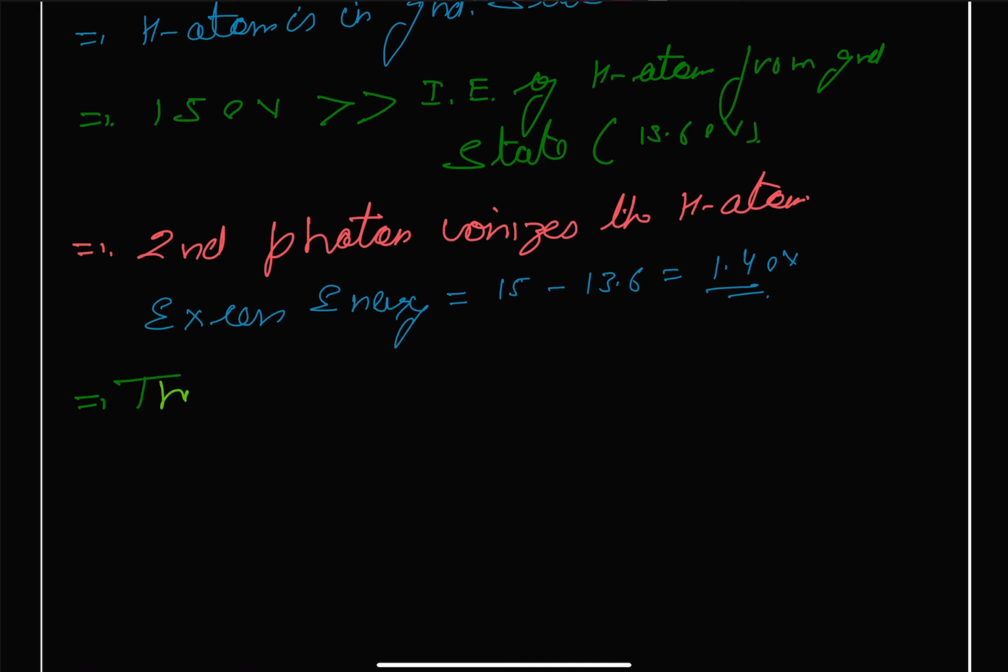This 1.4 electron volt goes into kinetic energy of ejected electron.